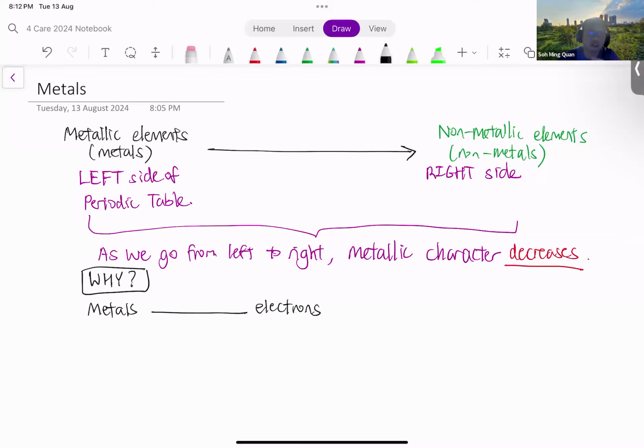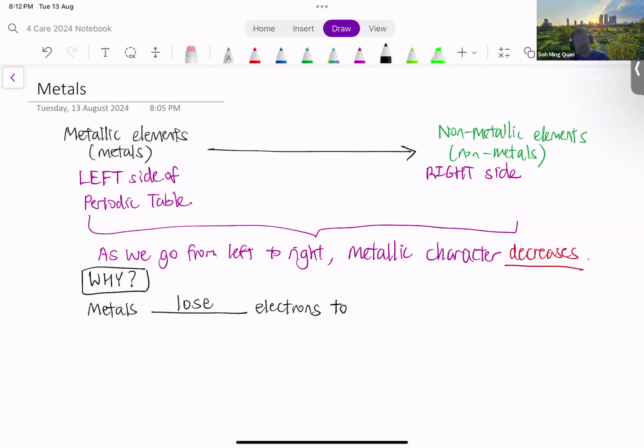So if you think of a typical metal, magnesium. Magnesium is found in group 2. Magnesium is in group 2, it's a metal. It's in group 2, so it has 2 valence electrons. So what does magnesium do during a reaction? During a chemical reaction, magnesium metal will lose electrons. Specifically, it loses its 2 valence electrons for magnesium.